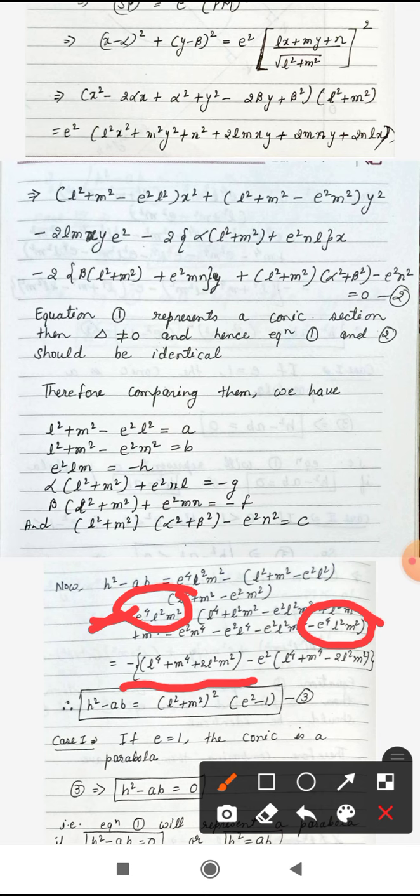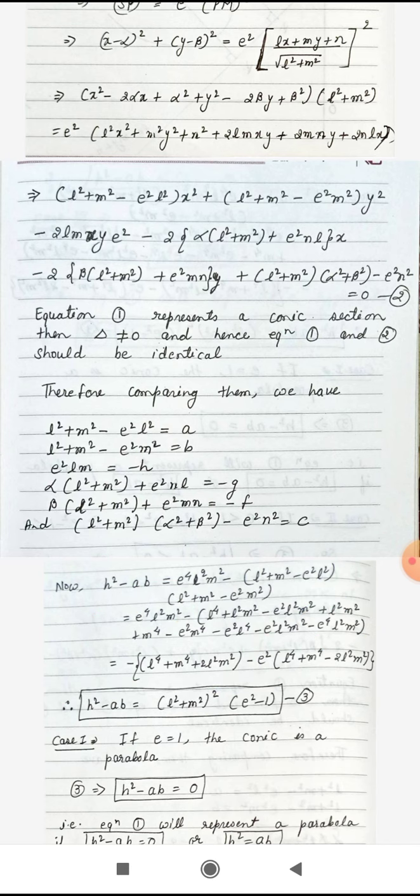Take these terms together, and in the rest of the terms, if we take −E² common, then we are left with L⁴ + M⁴ − 2L²M², which is the formula of (L² + M²) whole square. So we will get h² − ab is (L² + M²)² times (E² − 1). Give it as equation 3.